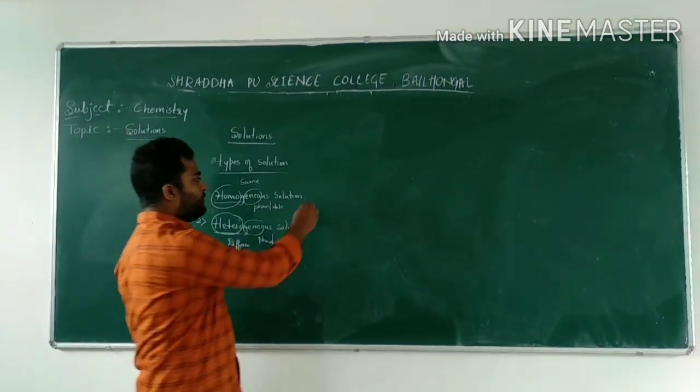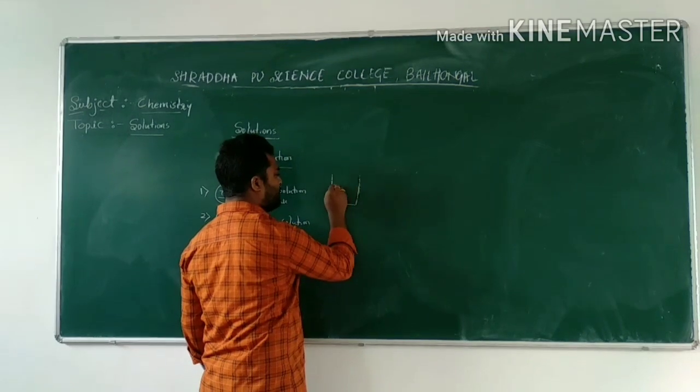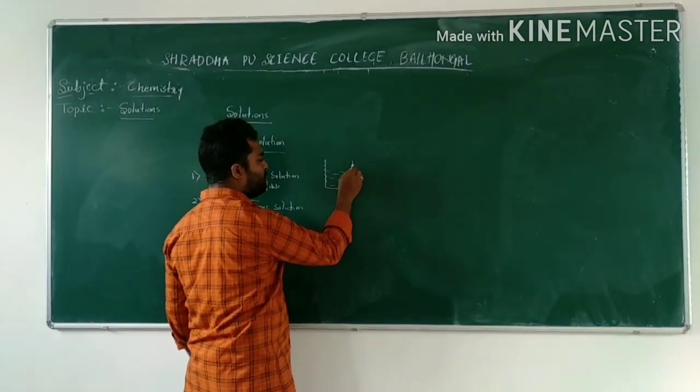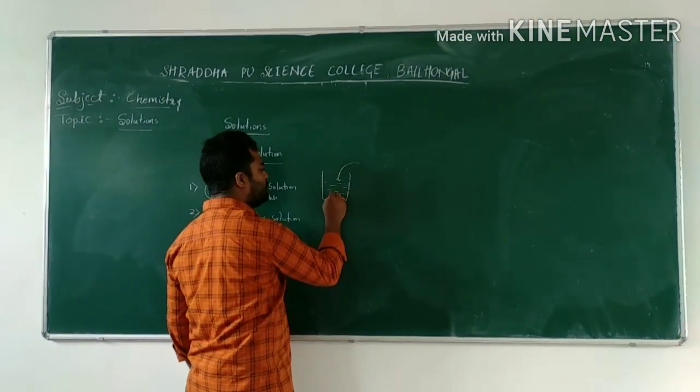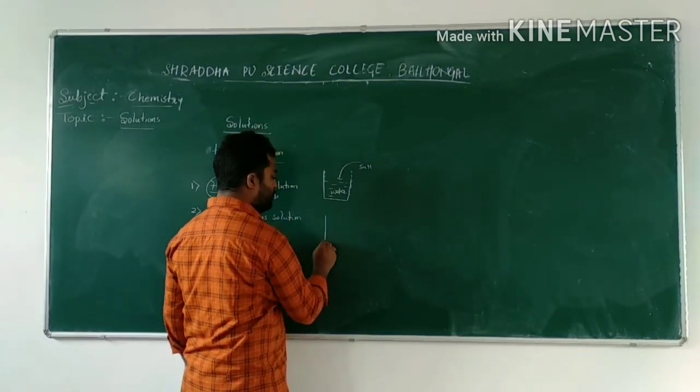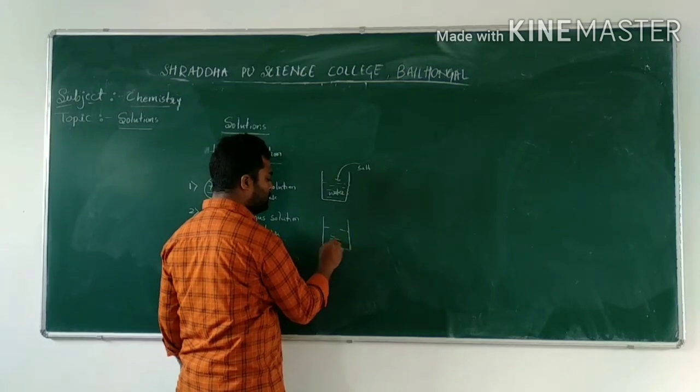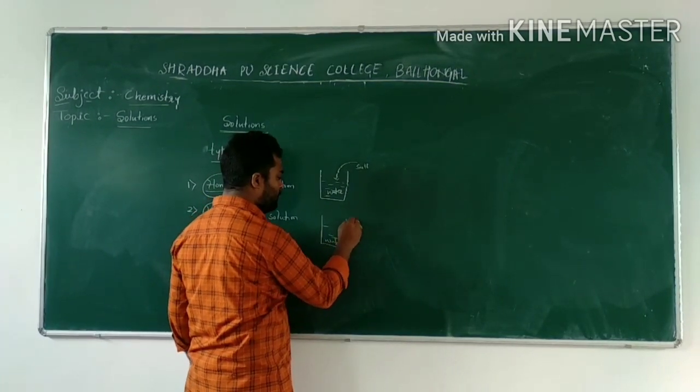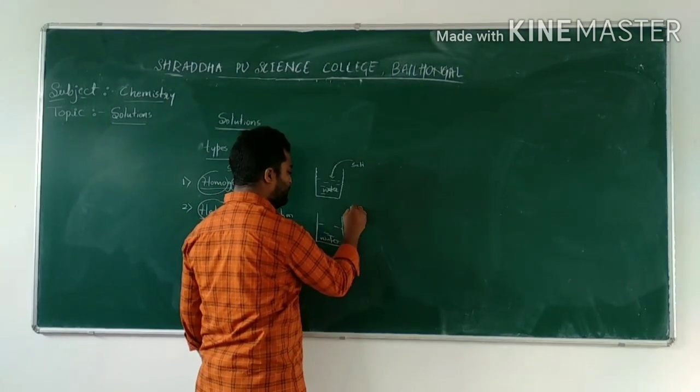Suppose you are having salt, the same example I consider. In this whole chapter we will be considering, for introduction, the salt plus water example. Then one more example I consider, that is water plus 10 ml of oil.